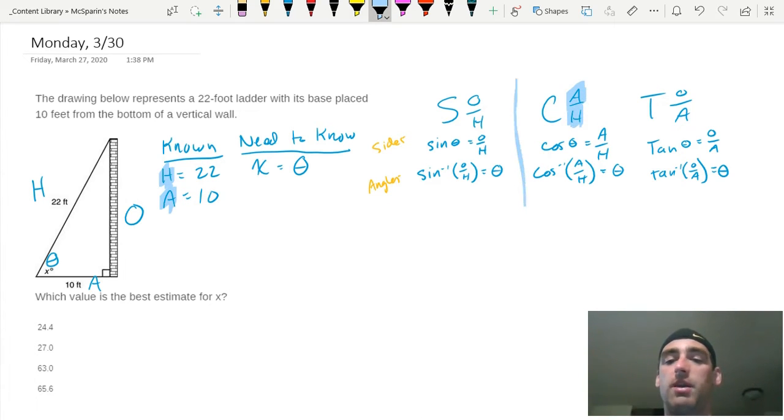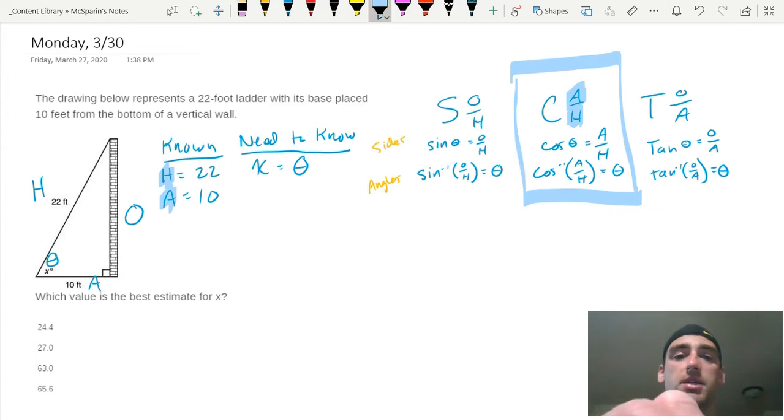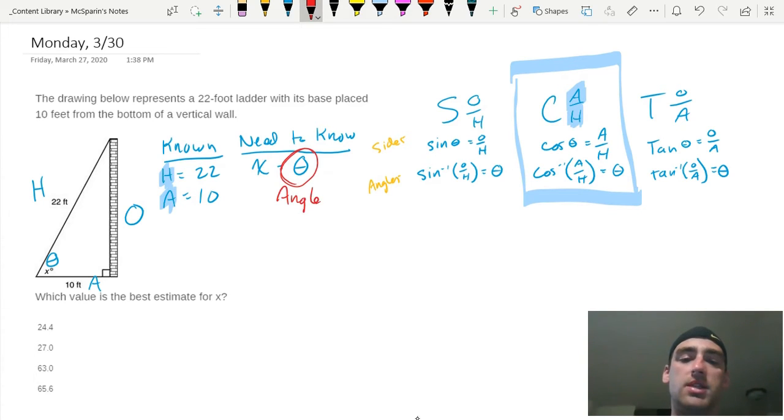So I know it's going to be one of my cosine functions. I don't know which equation yet, but I do know that I need to find an angle because theta is an angle, which means I should use the bottom row. So I know that I'm going to end up using that bottom one there.